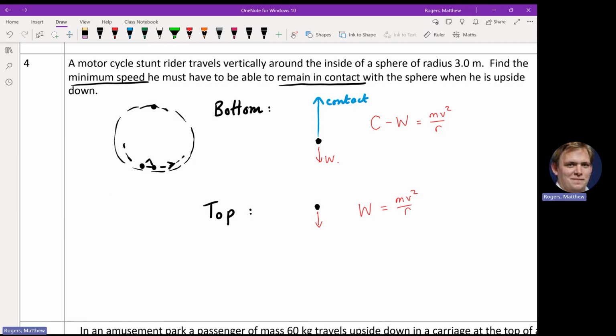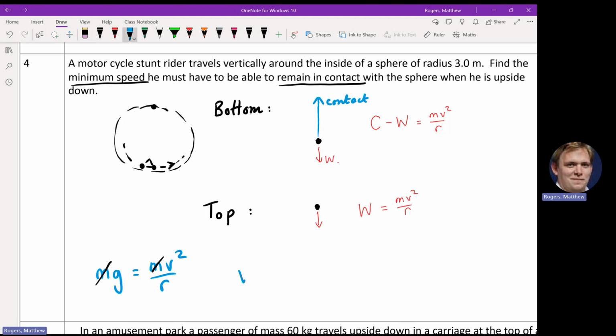Once we've established this as an idea, answering the question is straightforward, because we can say mg, the weight of the rider, has to be equal to mv squared over r. Immediately, the masses cancel out. And we're trying to find the minimum speed.